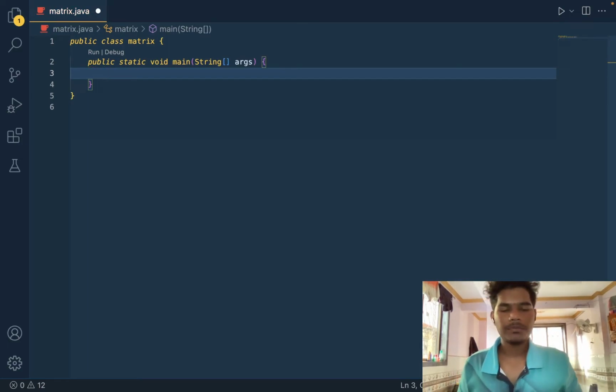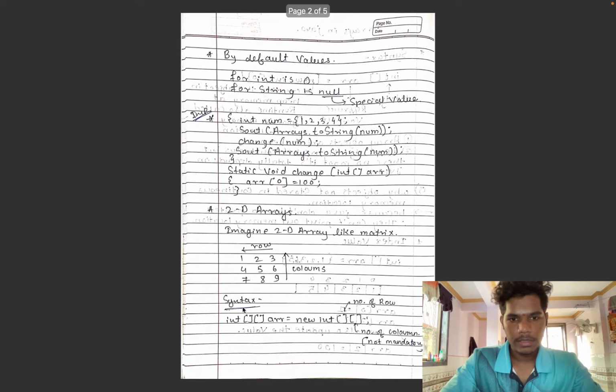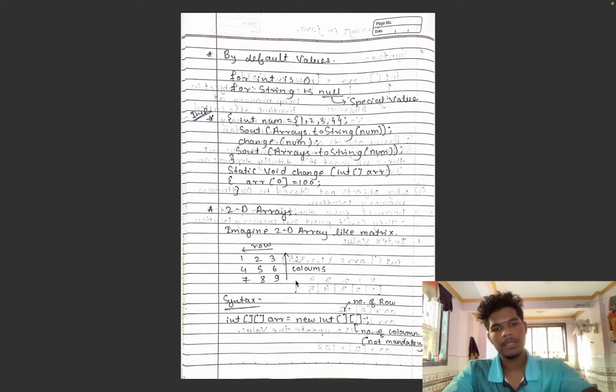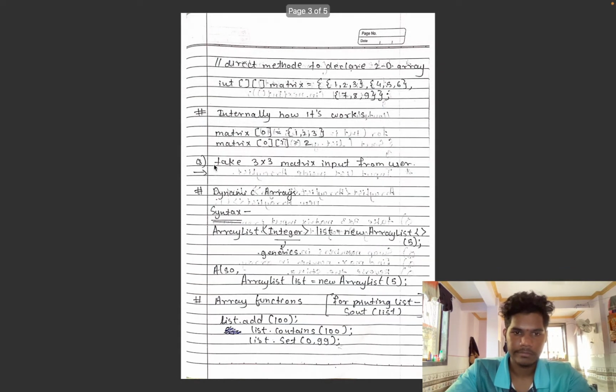So I want to print the matrix, and that matrix takes input from a user. What is my matrix? Okay, this is my matrix: 1, 2, 3, 4, 5, 6, 7, 8, 9. This is my matrix, and all inputs are taken from a user. This is my question basically.